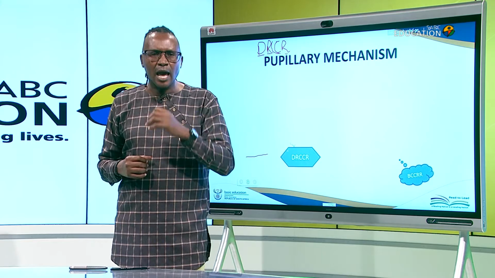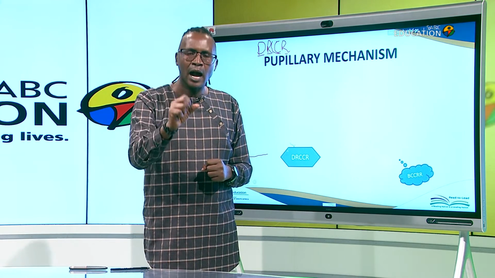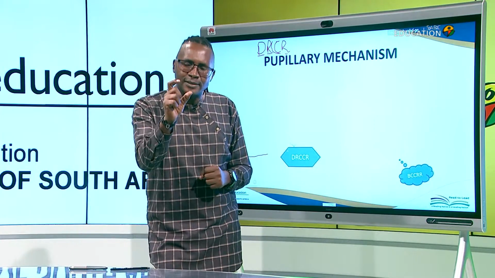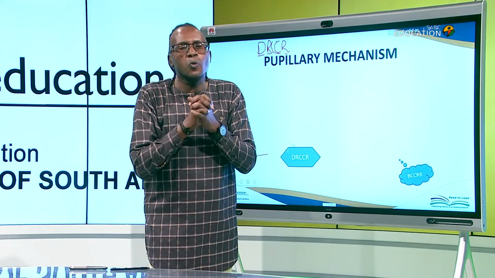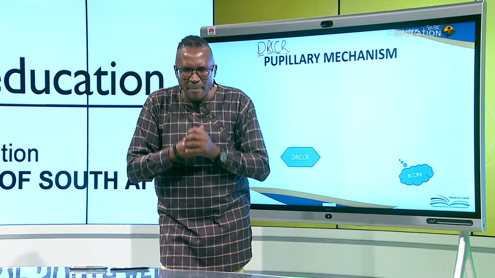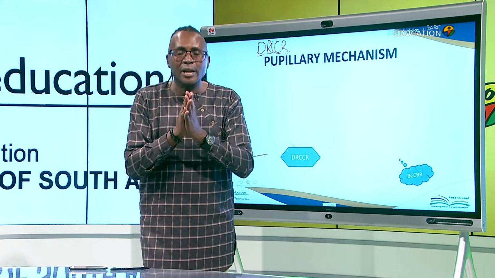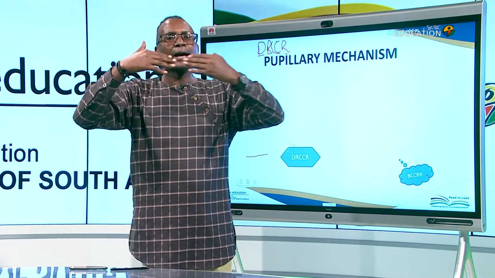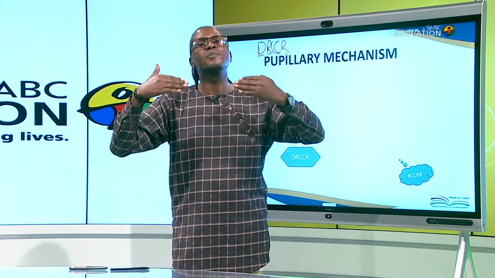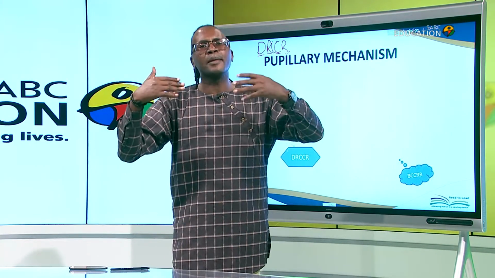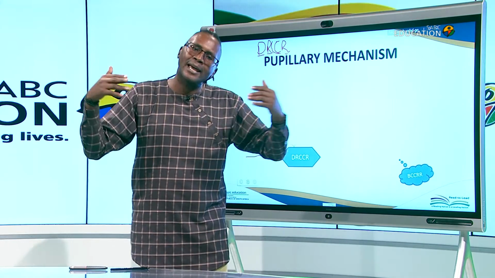Remember, accommodation has to do with the lens. It has to do with the ciliary body. It has to do with the suspensory ligaments. The ciliary body is made up of muscles, meaning it should be able to move, to contract and relax.